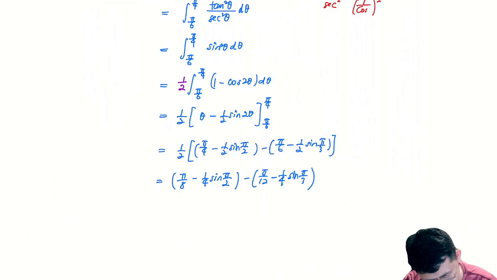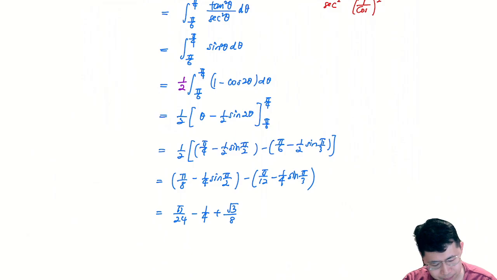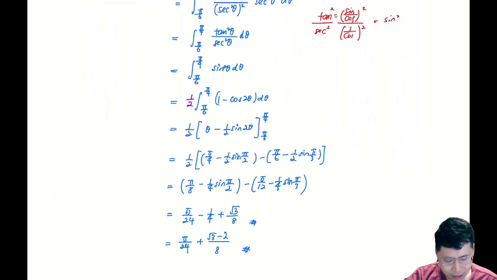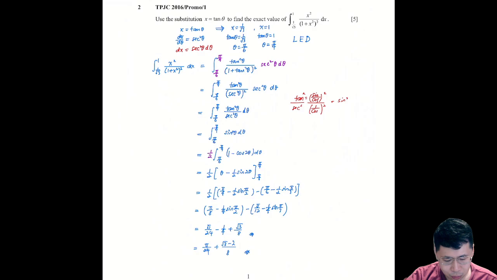So simplify a bit more. I will have pi over 24 minus 1 over 4 plus root 3 over 8. Then with all this, pi over 24 plus root 3 minus 2 over 8. Technically we can stop here. So the whole process is this.